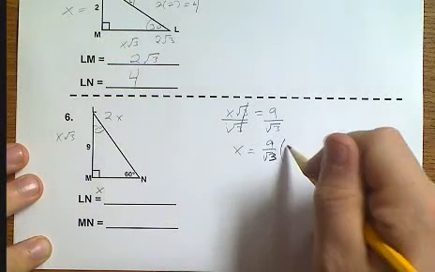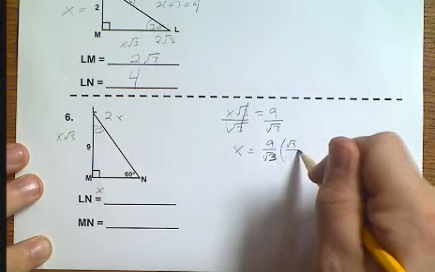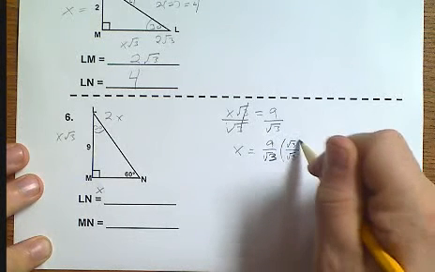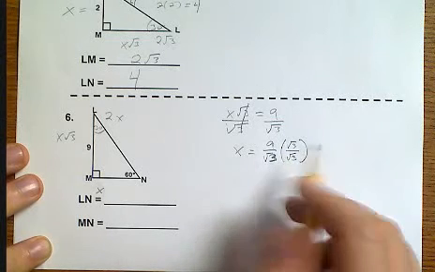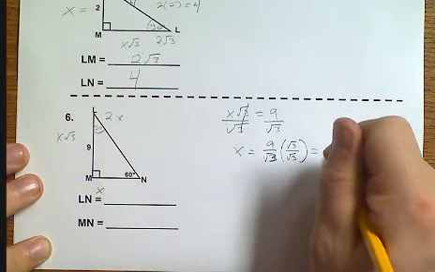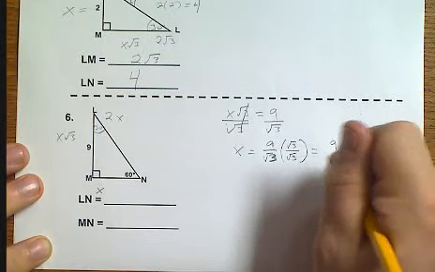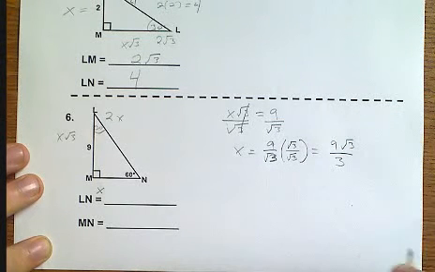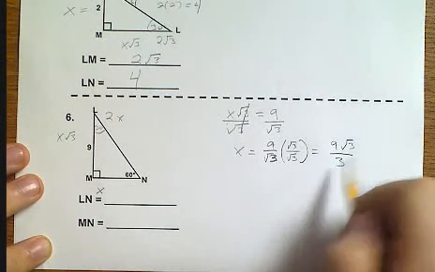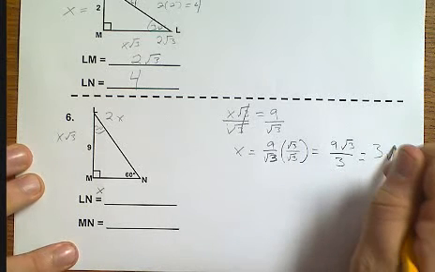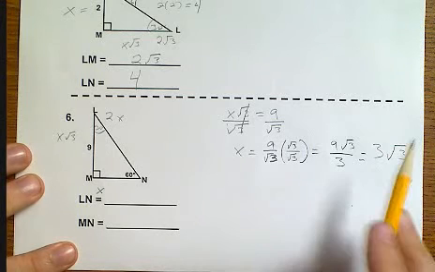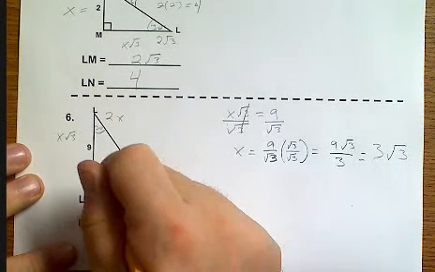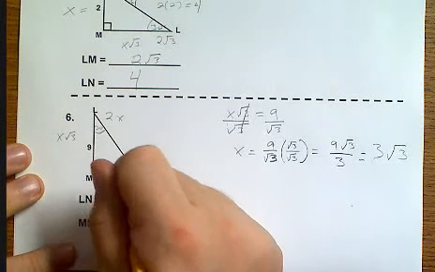So I'm going to multiply this by the square root of 3 over the square root of 3, which gives me 9 on the square root of 3 over 3. And 9 divided by 3 just gives me 3 on the square root of 3. And so that's what x is. So 3 on the square root of 3.